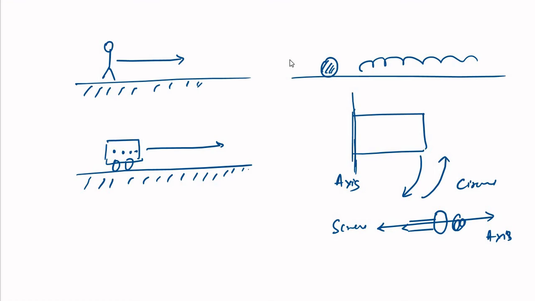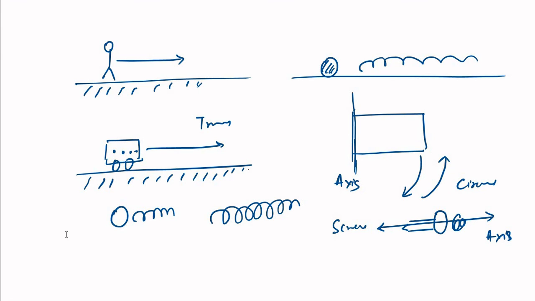Here is another interesting example. The vehicle in its totality has translatory motion, but the tires have rotational motion because they are rotating forward. So tires have rotational motion and the vehicle along with all the passengers inside has translational motion.